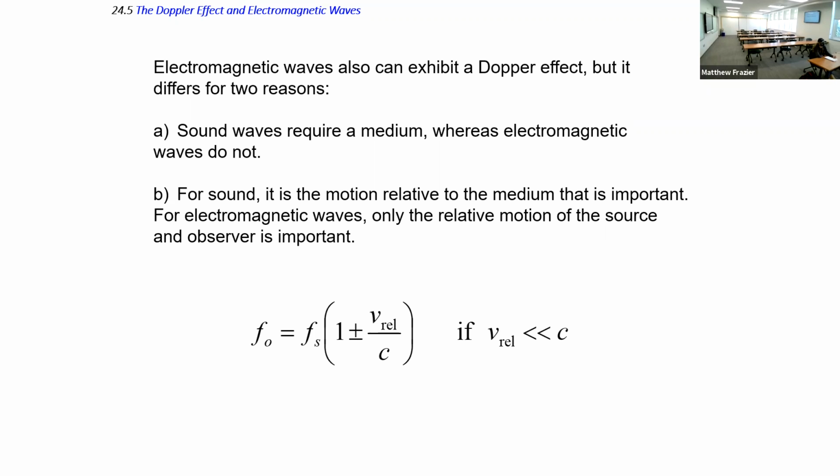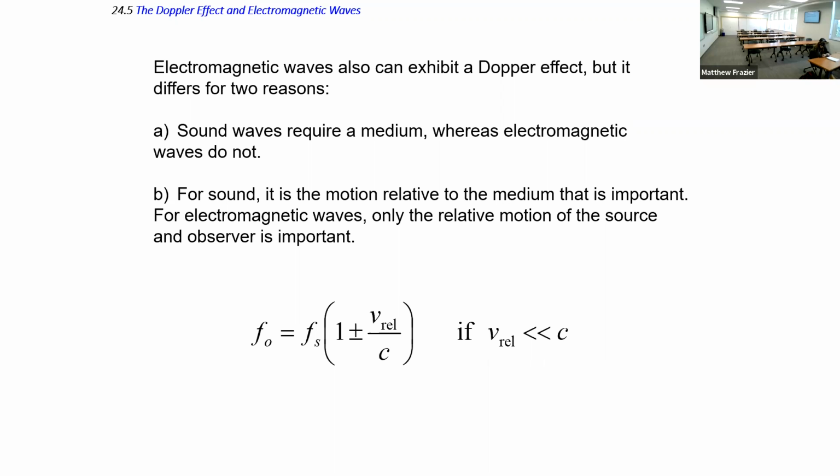The frequency they pick up coming back is shifted. I guess you could in principle use the formulas that you use for sound. There's no reason fundamentally why they wouldn't work.